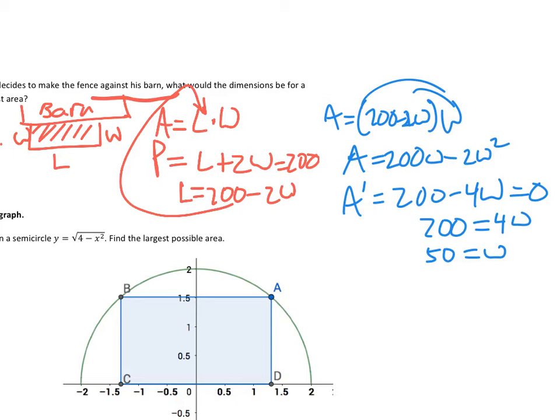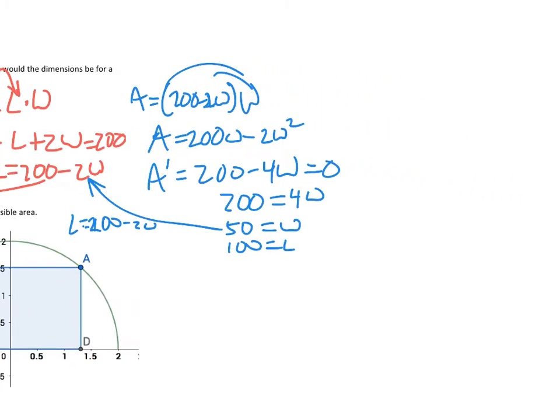However, it's not, because when we plug that into here, the length is 200 minus 2W, which is 200 minus 2 times 50. I'm sorry, that's 200 there. So the length is going to be 100. So the best pen is 50 feet by 100 feet.